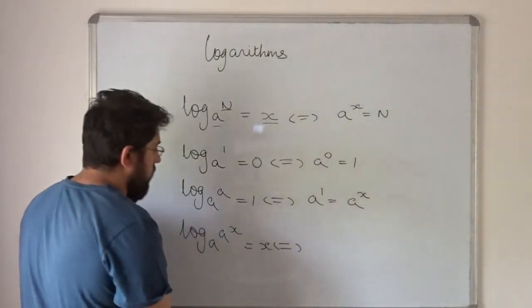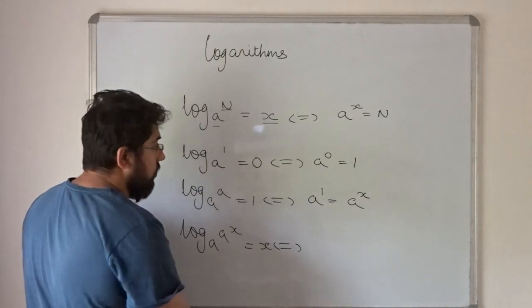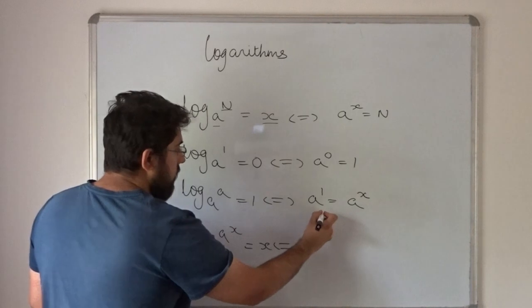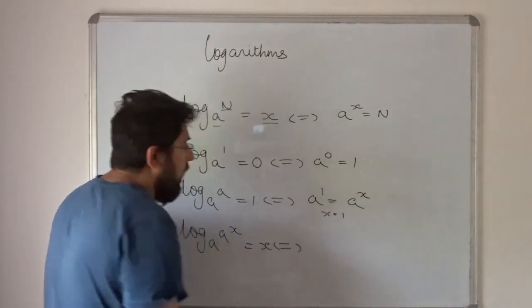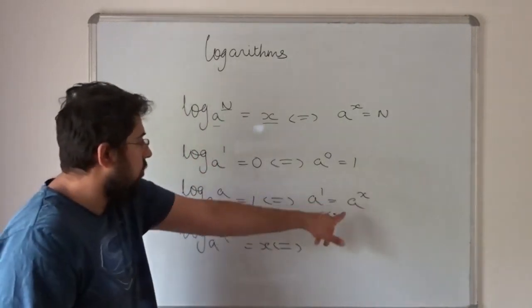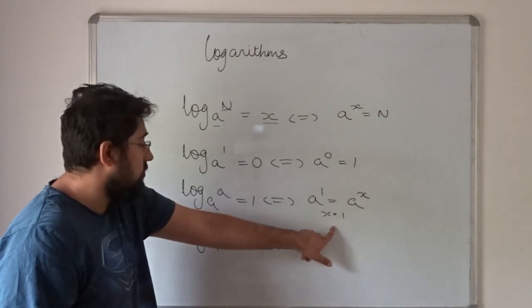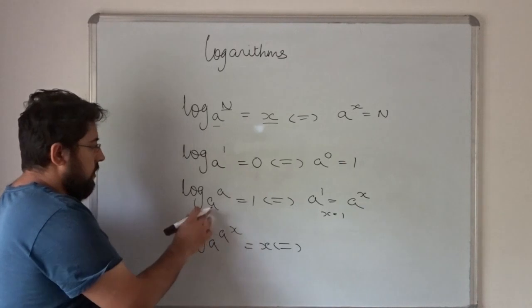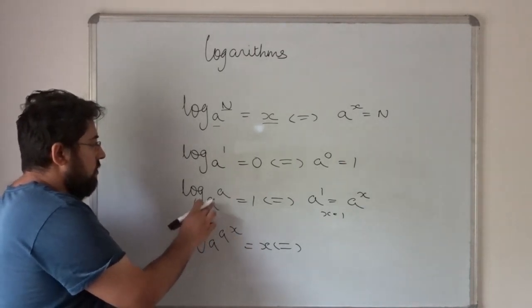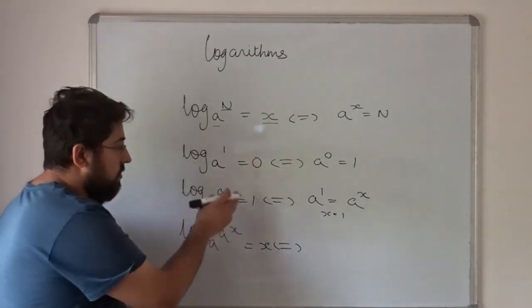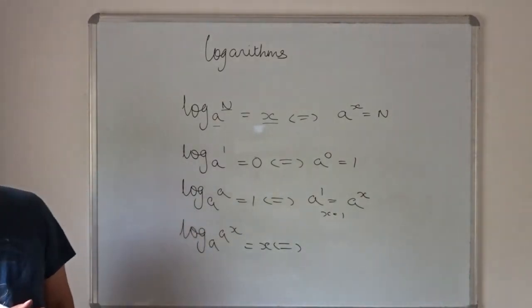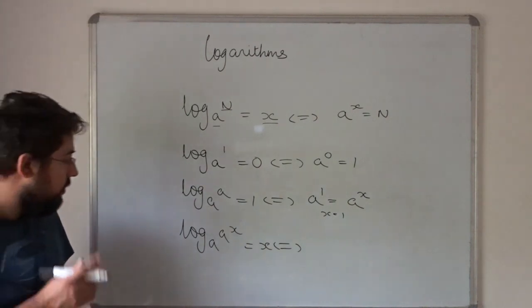I'm sure you know that. You're going to have an x, and then you're going to have a 1. So this is how you can prove that x equals 1. But this is a basic rule, guys, that log base a to the power a is 1. This is a basic rule that you should remember.